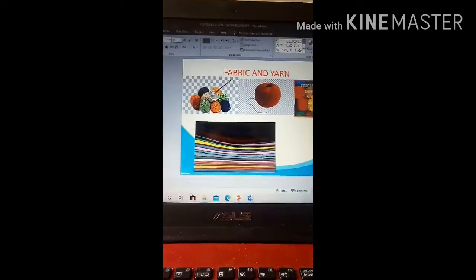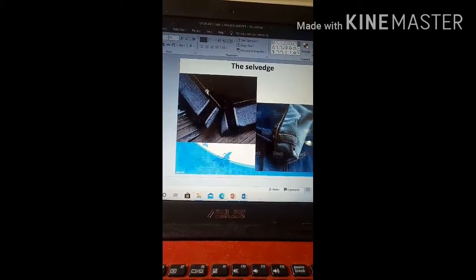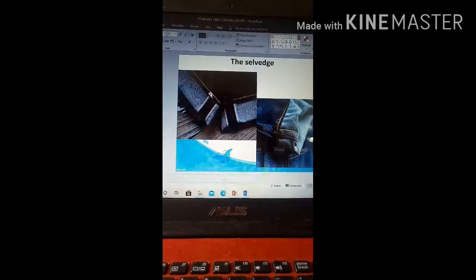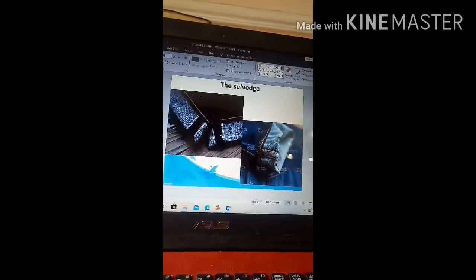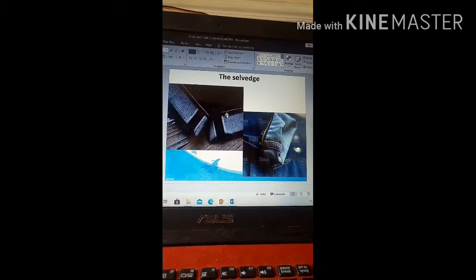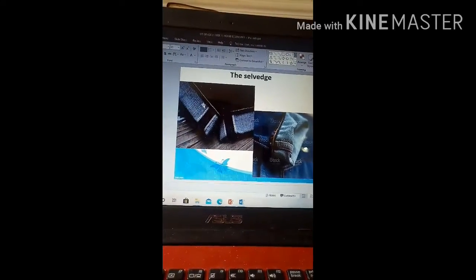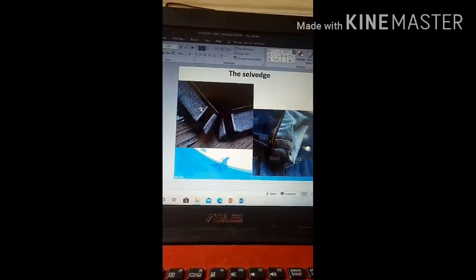So that's selvage, just the edge of the fabric that you made. You turn the edge over. Like this is already turned over, but not yet made. But this is turned over and then the edge is already made. So this is how the trouser will look. This is an example of selvage.